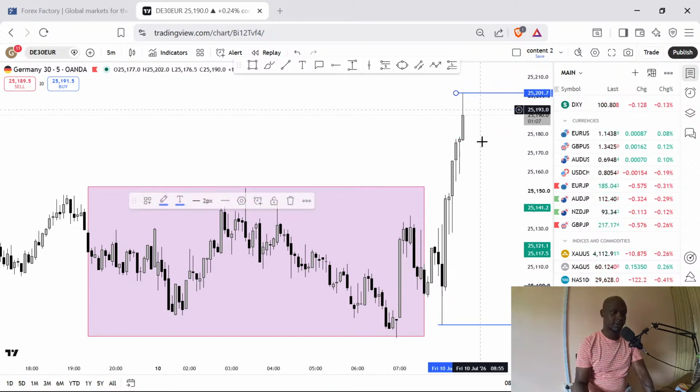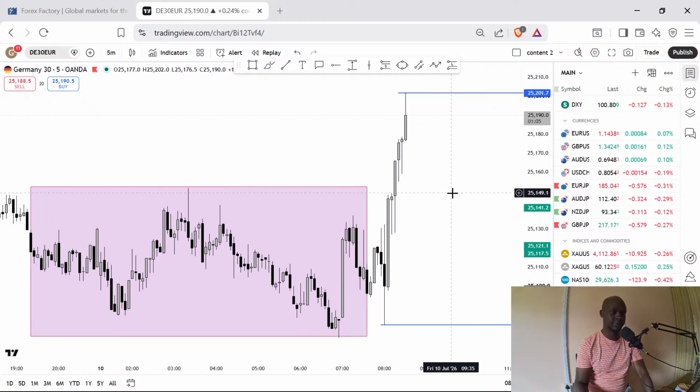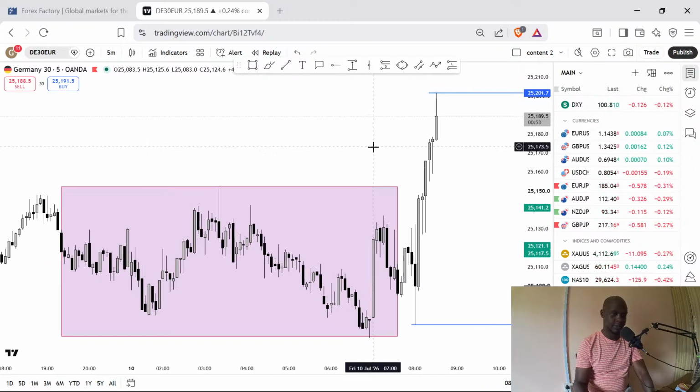This is the high right now. This is the low. I'm waiting for a pullback to take long entries. I also have Euro JPY and Pound JPY on close watch.